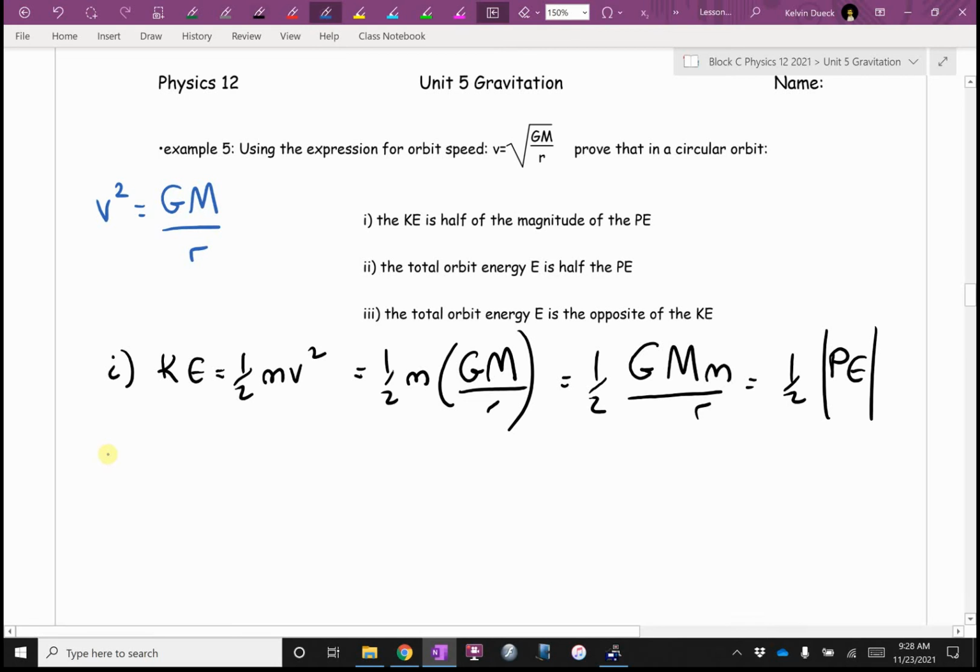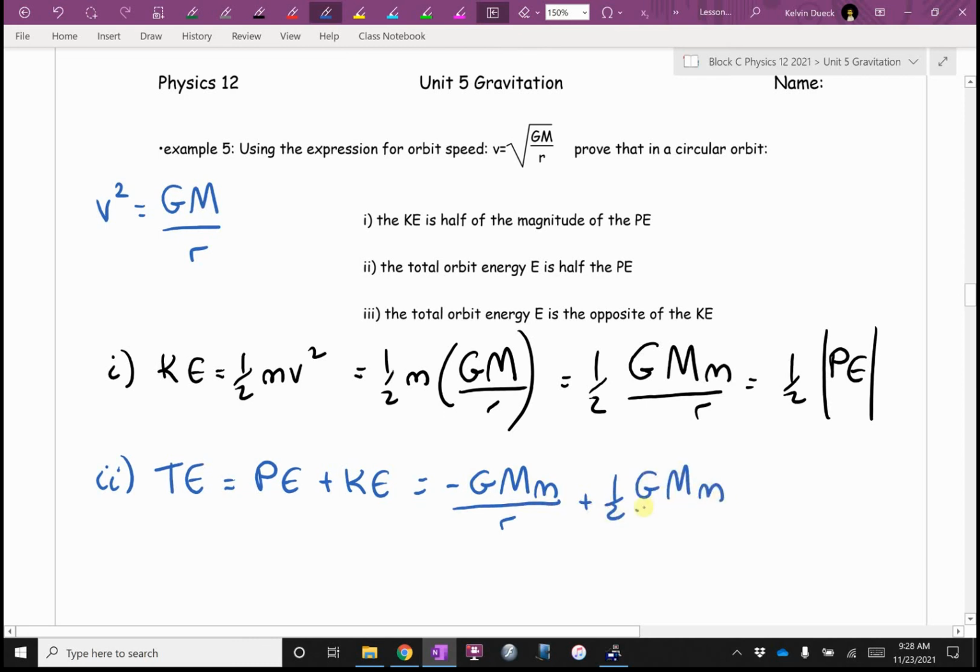Kiana, what's the second thing you want me to show? Total energy in orbit. So total energy would be potential plus kinetic. So it would be negative big G big M little m over R plus a half big G big M little m over R. I'm using the expression for kinetic that we just found on the previous line.